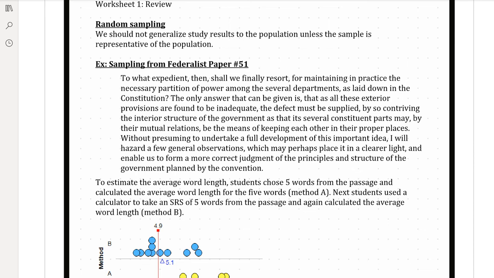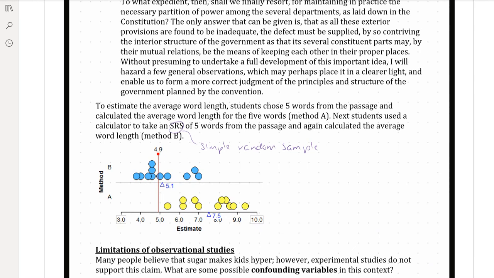So if we wanted to estimate the average word length of this excerpt, I could have students choose 5 words from the passage and calculate the average word length for the 5 words. We'll call that method A. Then I can use a calculator to take a simple random sample, so SRS is simple random sample, of 5 words from the passage, and again calculate the average word length, and we'll call that method B. So here, method A, this is students choose.